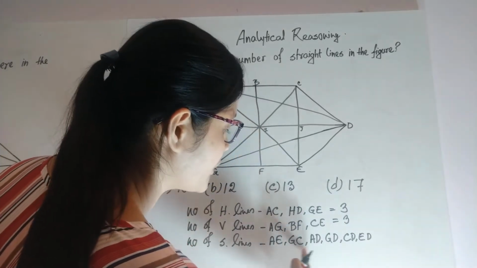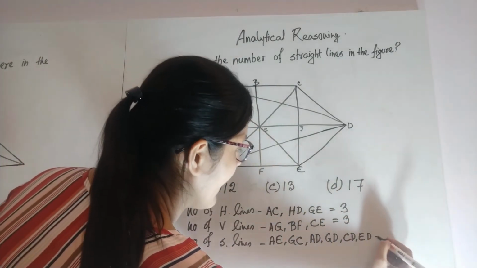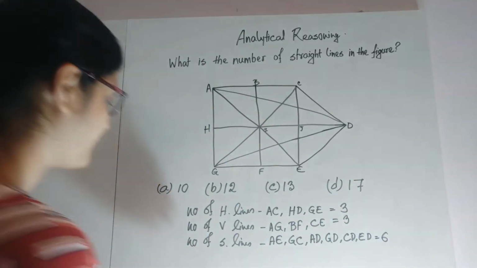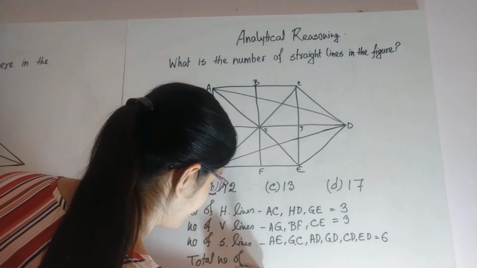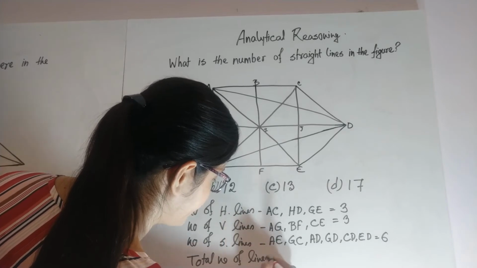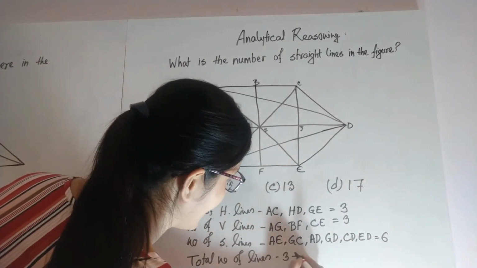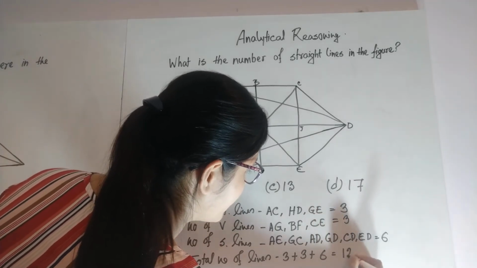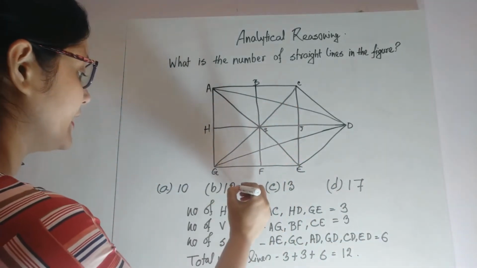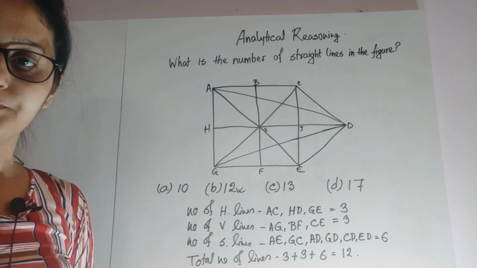How many? 1, 2, 3, 4, 5 and 6. Therefore, total number of lines, 3 plus 3 plus 6, that is 12. Therefore, 12 will be the answer.